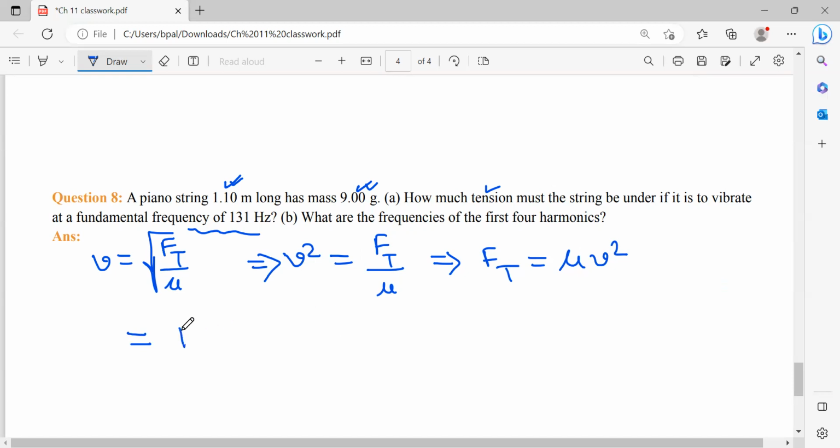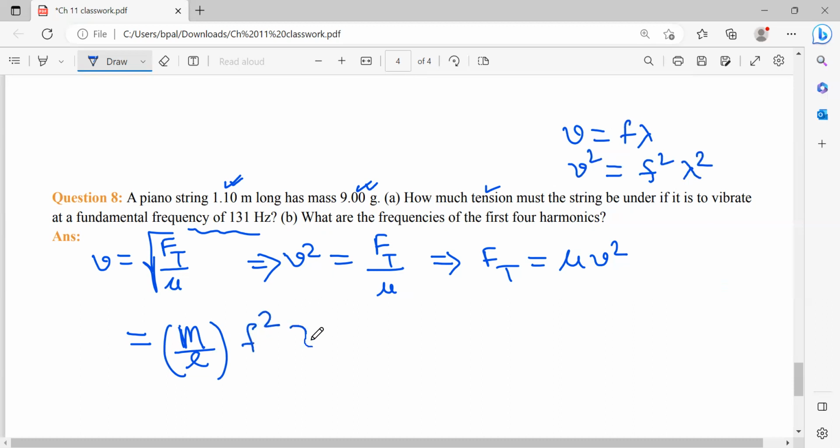Mu is mass per unit length, and v equal to f lambda, right? So v square equals f square lambda square. So instead of v square, let me plug in f square and lambda square.